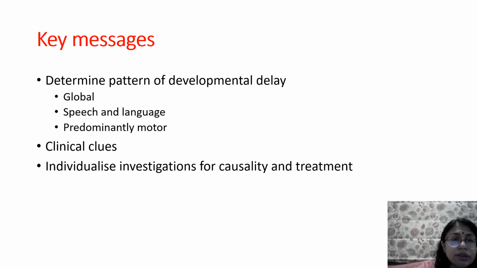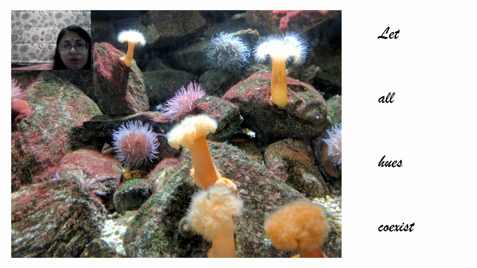Look at the clinical clues which may guide your investigative pattern. Take a very good history and examination, and individualize investigations for causality because it has huge implications, and treat accordingly.